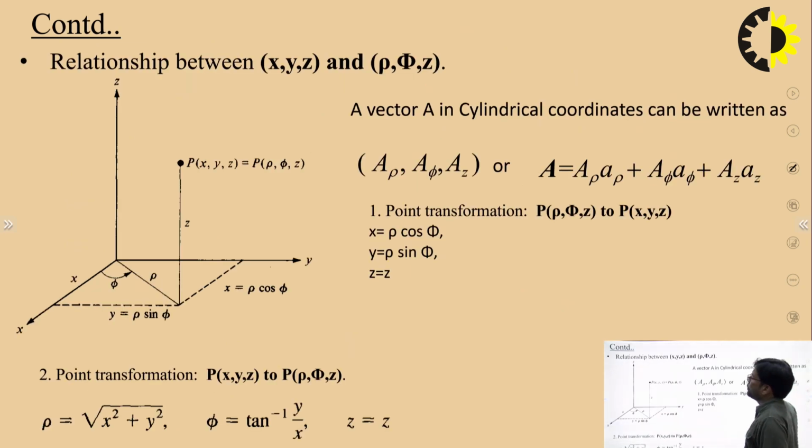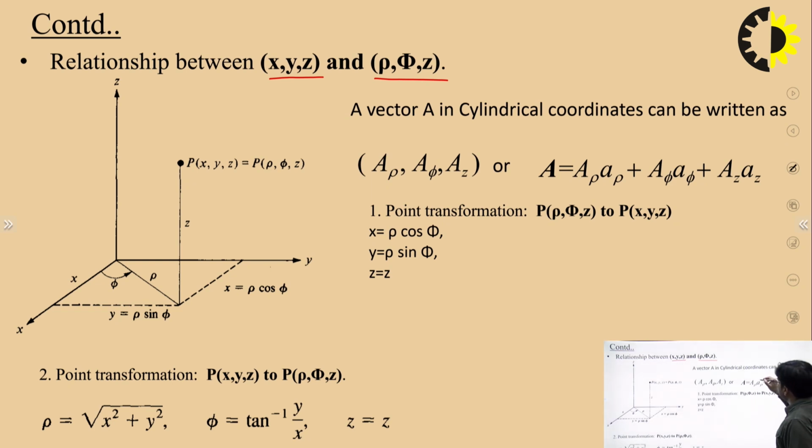Now the transformation, or the relationship between the Cartesian coordinate system and the cylindrical coordinate system, that is x, y, z and rho, phi, z. If I talk about a vector quantity, this is a vector represented in the cylindrical coordinate system.